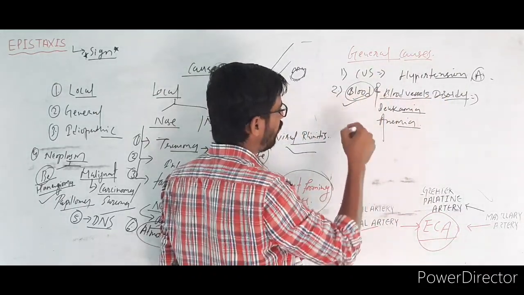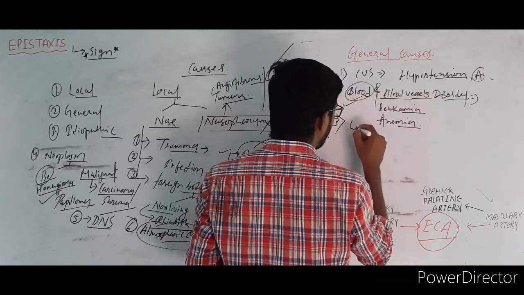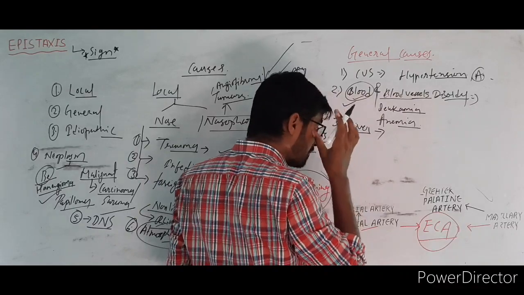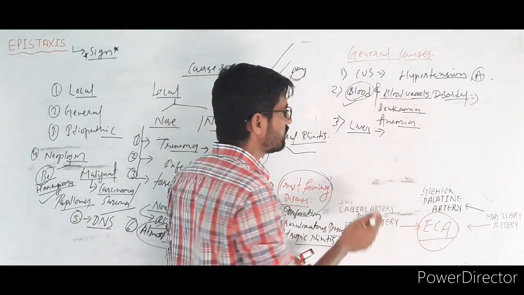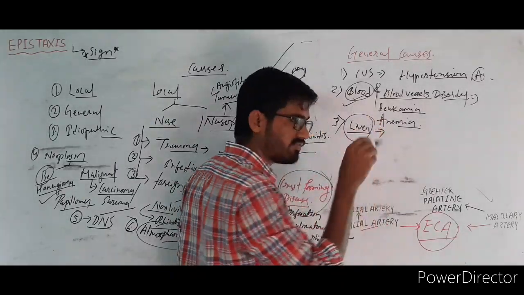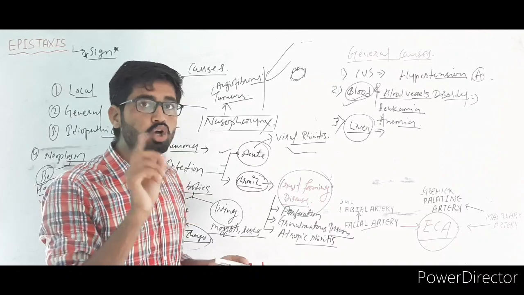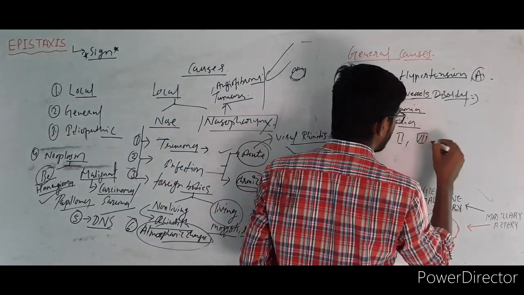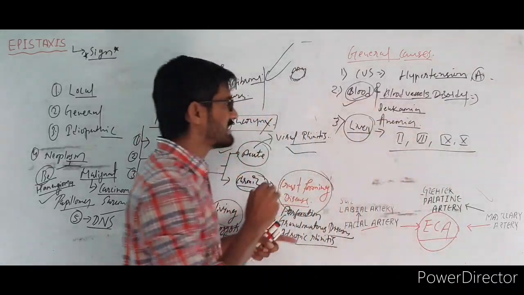What will happen if the liver is damaged? Liver disorder: fibrosis of the liver will be there, right? If there is hepatic damage, coagulation factors II, VII, IX and X are all synthesized by the liver.